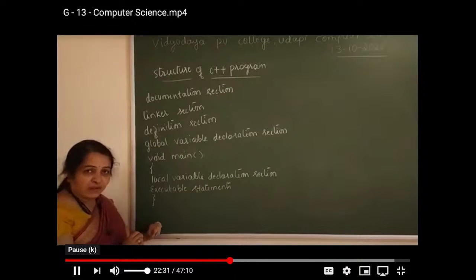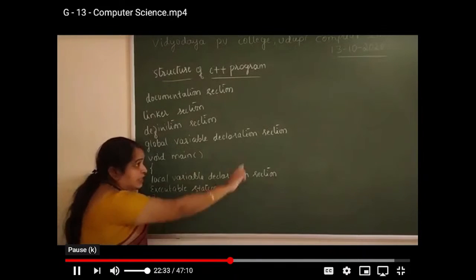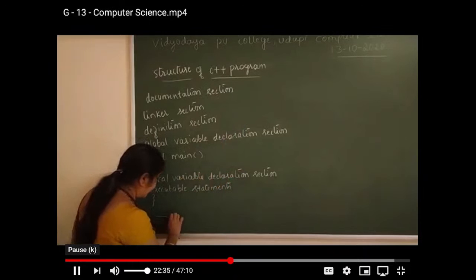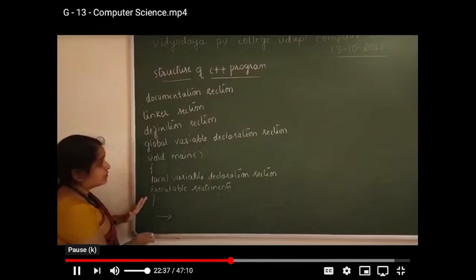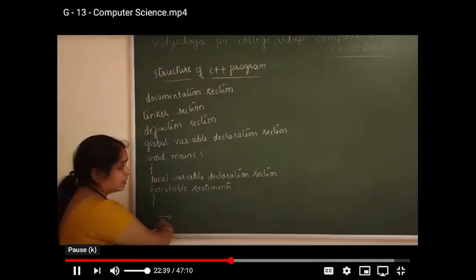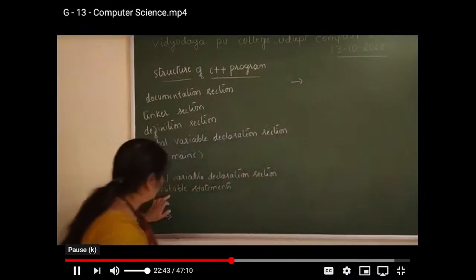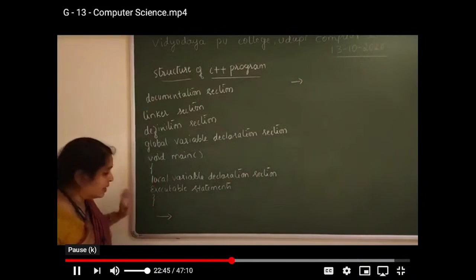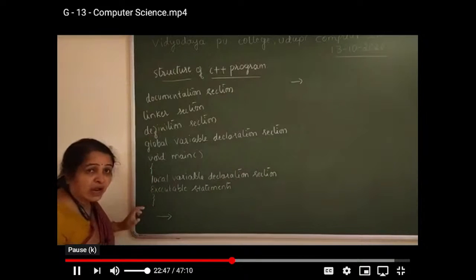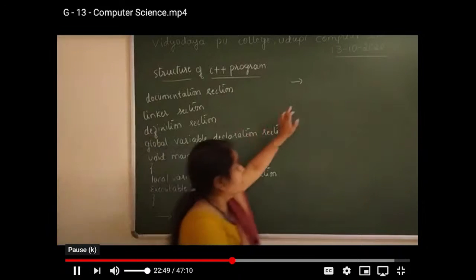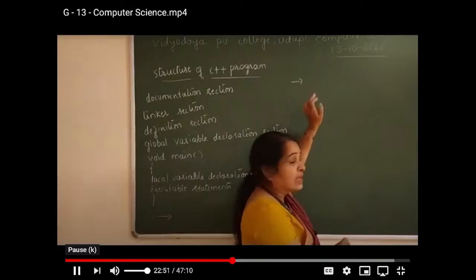After closing the flower bracket, I will continue there, okay? Space is not sufficient, so below the executable statements, close the flower bracket. After the close of the flower bracket, you have to write this. Clear?